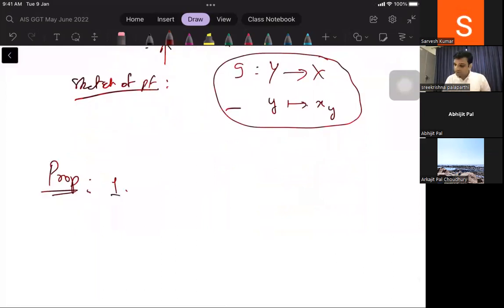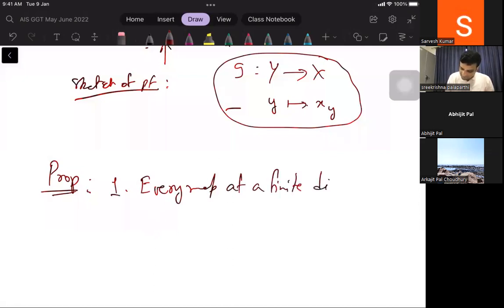There are several parts to this. Every map at a finite distance from a quasi-isometric embedding, you would expect that is a quasi-isometric embedding.